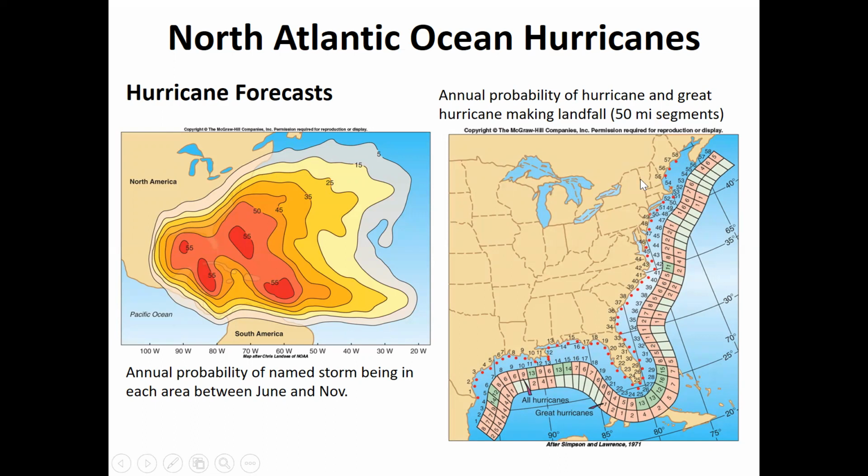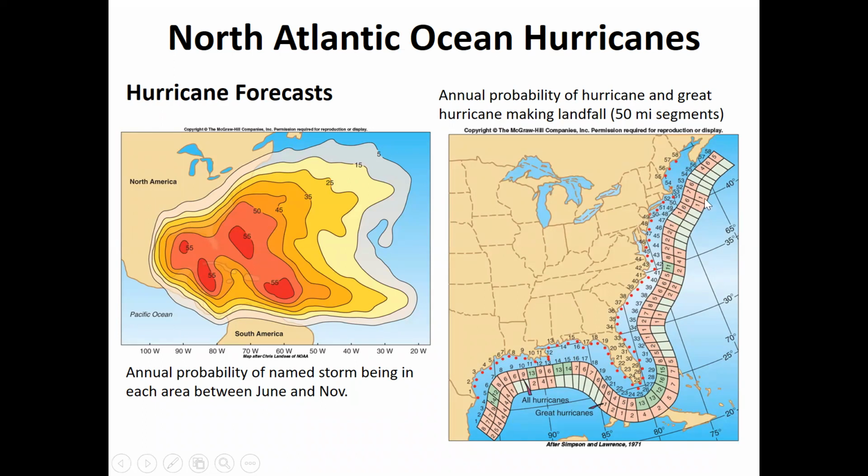And here's the annual probability of hurricanes and great hurricanes making landfall along 50-mile segments. If you look here, we're about right here. The annual probability of a storm making landfall here is around 6%.